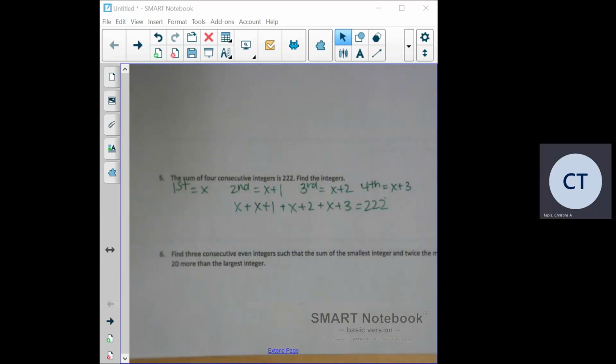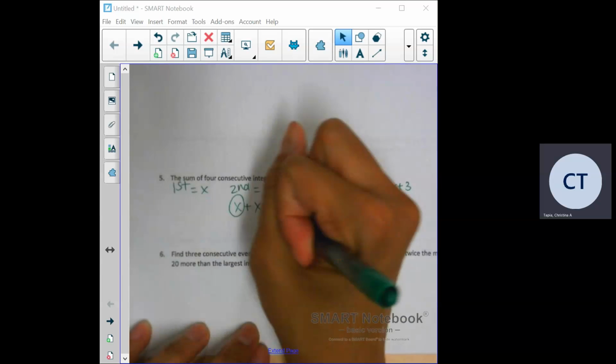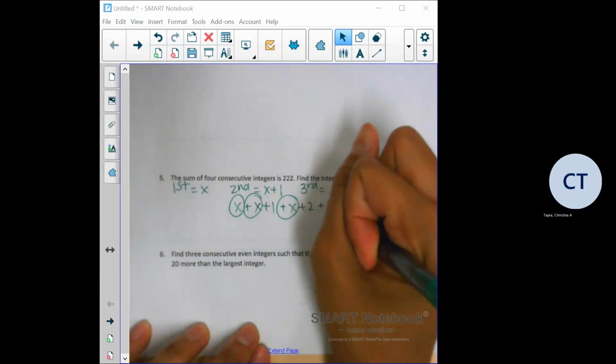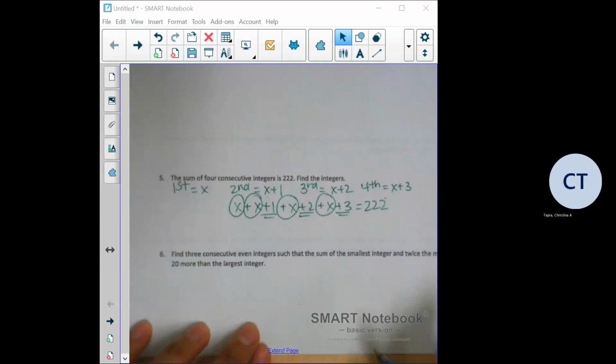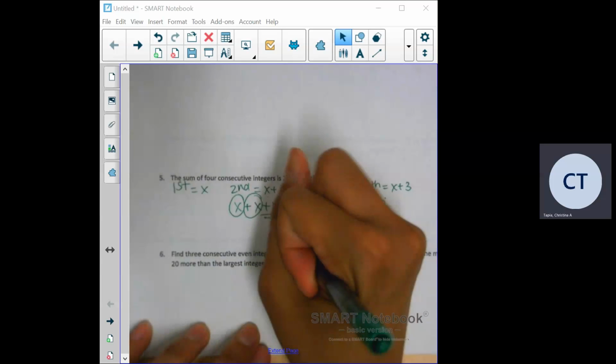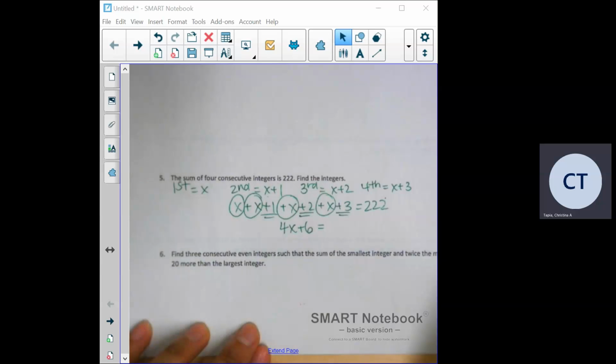I'm going to go ahead and see if I can combine my like terms. This is just a very basic equation. I combine these terms. So we're going to make this 4x plus 6, and that's going to equal 222.